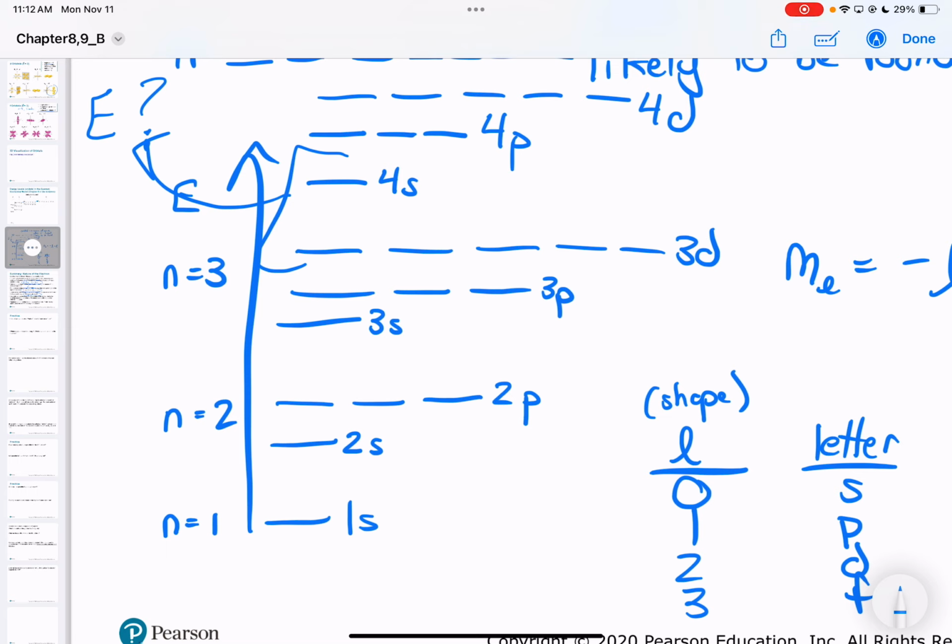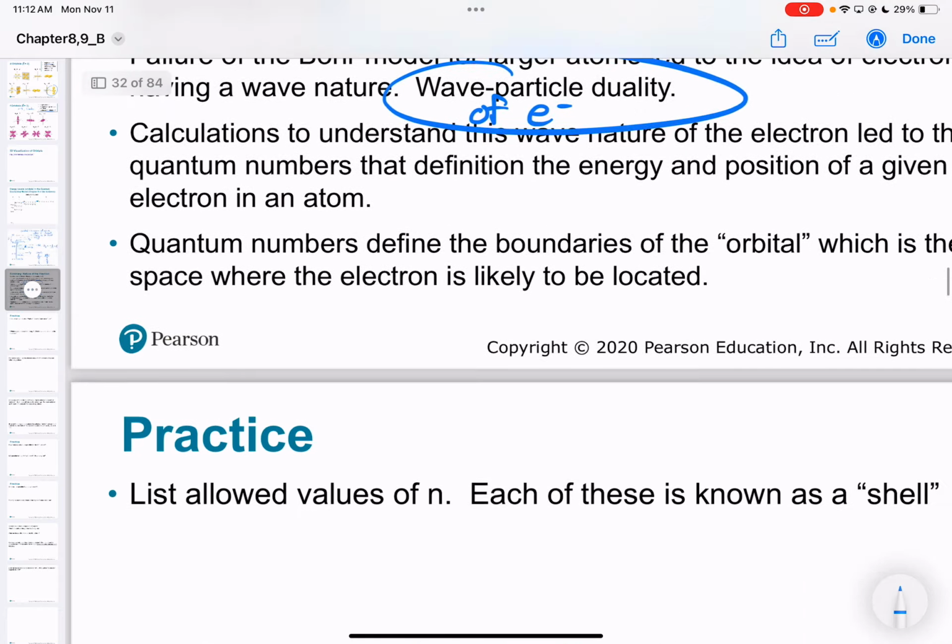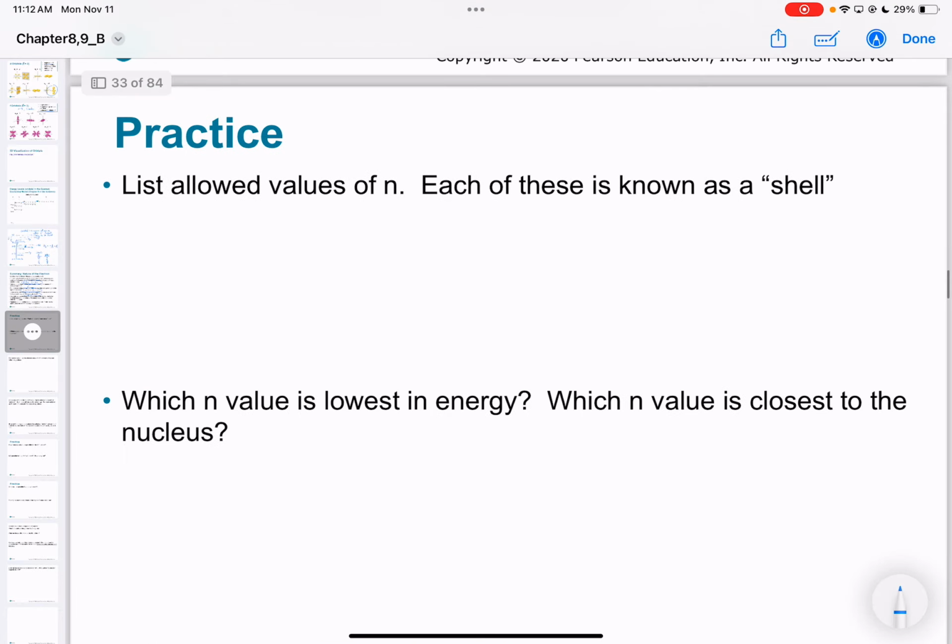If I give you all 3 quantum numbers, 3p, which is l of 1, and also the m sub l value, negative 1 or 0 or positive 1, then I'm designating a specific orbital within that subshell, okay? So if you want to talk about a specific orbital, you have to give all 3 of those quantum numbers. Then the m sub s gives you which electron you're talking about in that orbital.